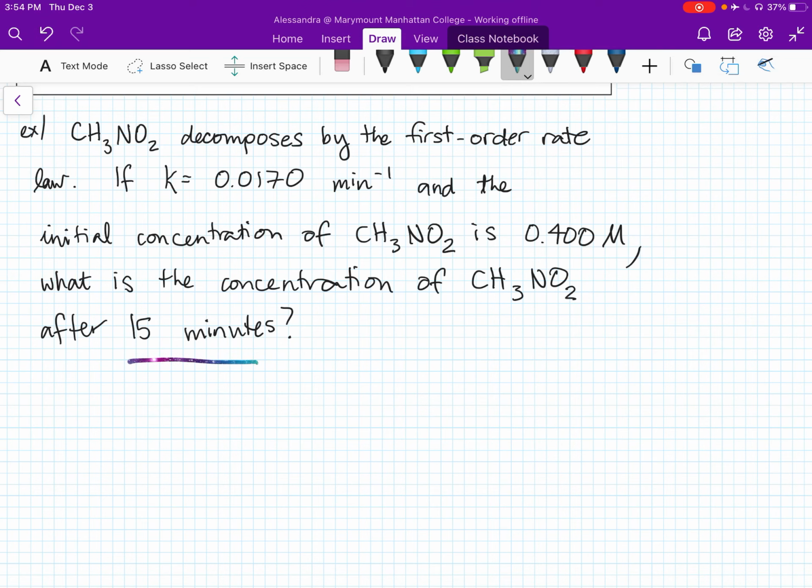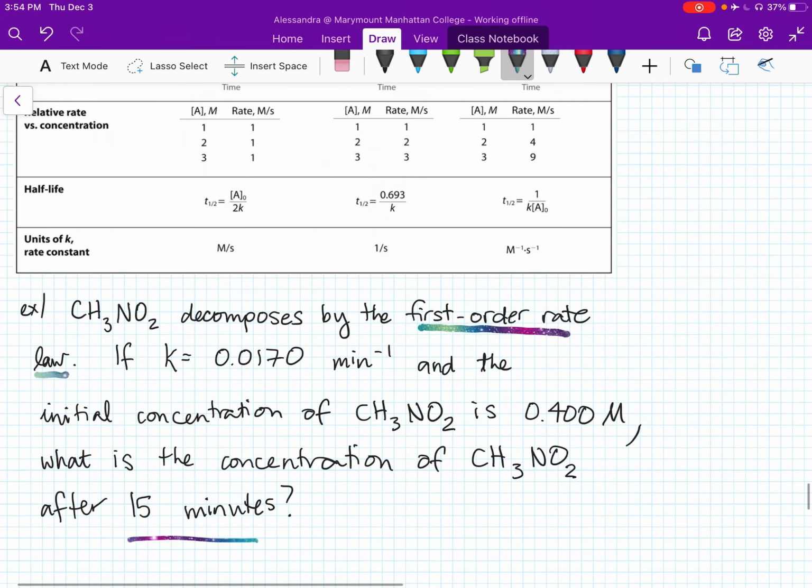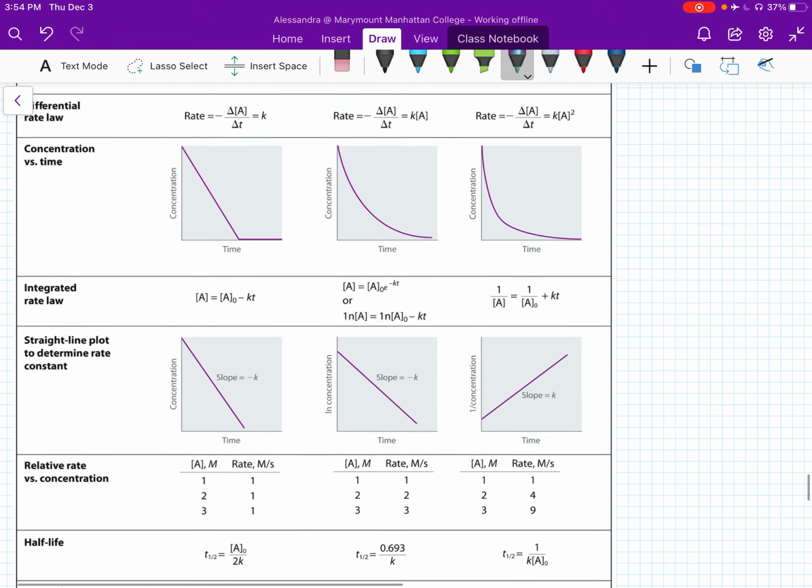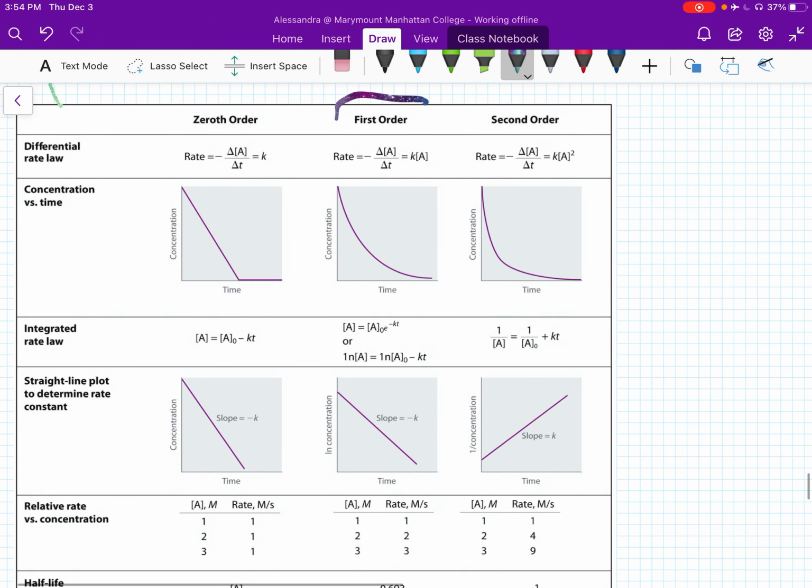All right, so our big clue here is first order rate law. So we are going to need to go back to our integrated rate laws and find the first order integrated rate laws. Now we have it in a couple of forms, and there's a little typo in this. This is supposed to say natural log, but for some reason the font changed it to a number one.